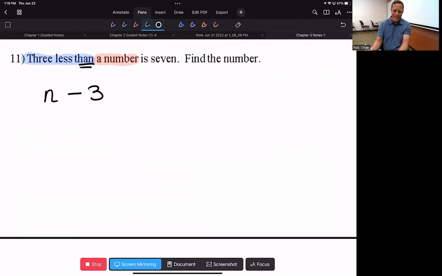Again, it's got that word then in it. It's got that stupid word then. Okay, and so we want to pay attention to that. When it says a number, that means n or x. So 3 less means minus 3. Is means equals 7. So is means equals.